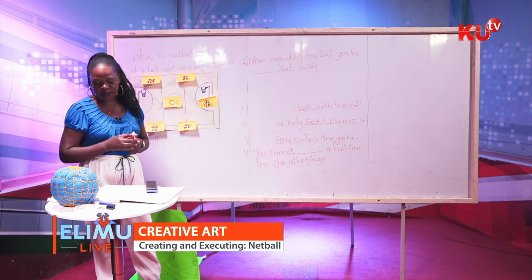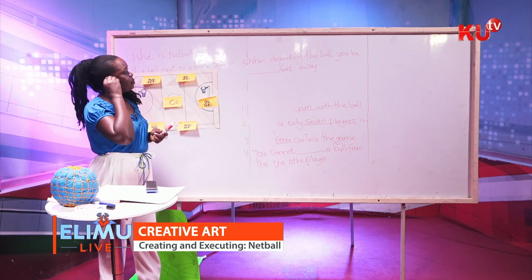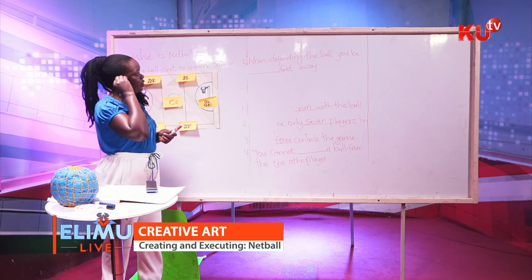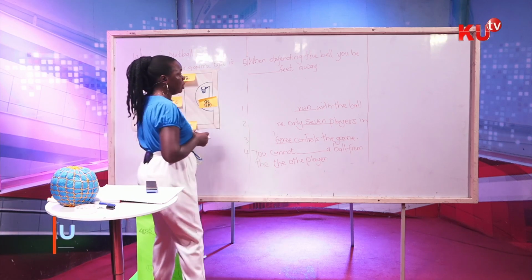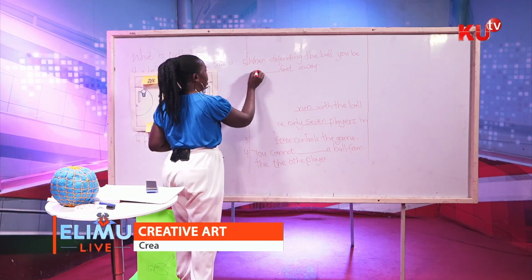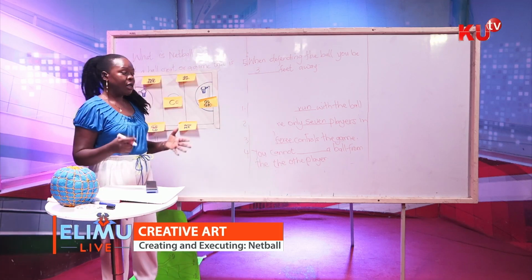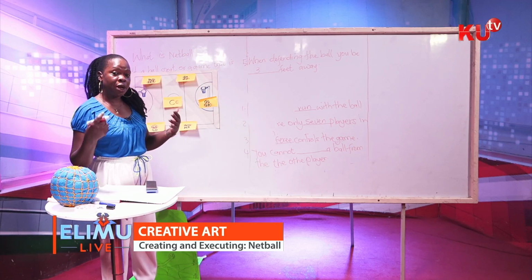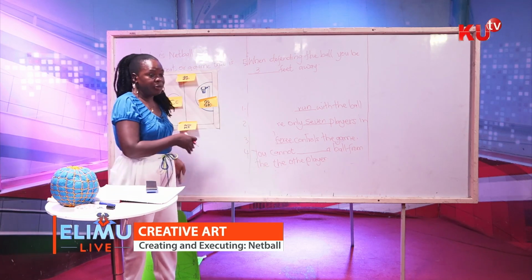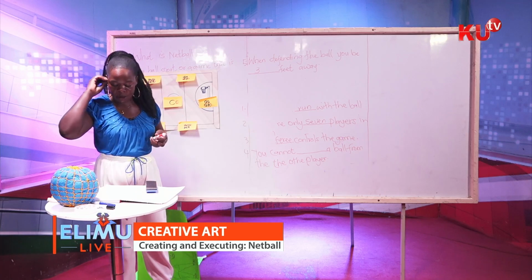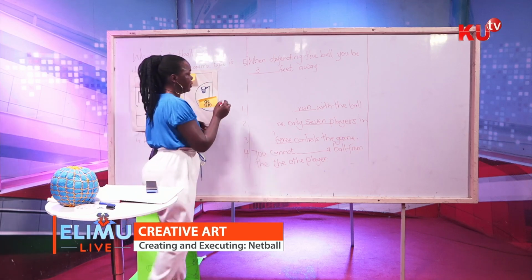So I said that when you are defending the ball, you must be 3 feet away from the person with the ball. If you come very close, then the referee will still blow the whistle and the ball will go to your opponent. You'll stand beside as the ball is thrown towards your opponent's goal.